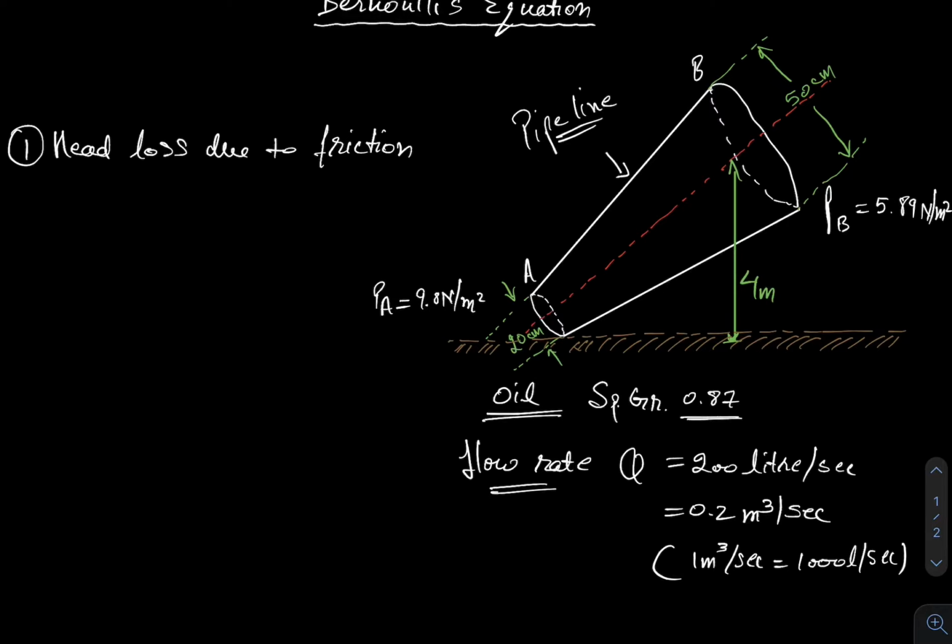But in the end we studied Bernoulli's equation for real situations, for real fluids. In that case the head loss due to friction was considered. Okay, so the second thing that we have to find out is the direction of flow. We need to see whether my flow is from A to B or from B to A.